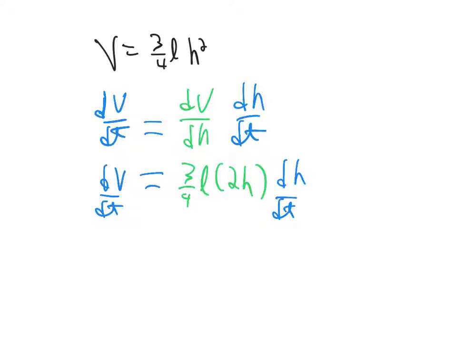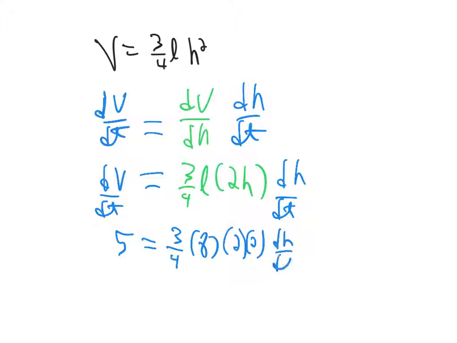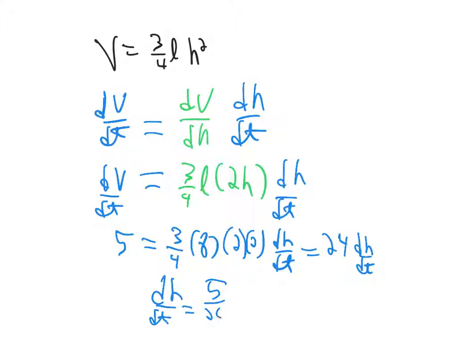But we were given that dV/dt is 5. And we're given that the height is 2. So we have everything but the thing we want, dh/dt. And so we can just solve for it by bringing the 24 to the other side and finding that dh/dt is 5/24, and it will be in feet per minute.